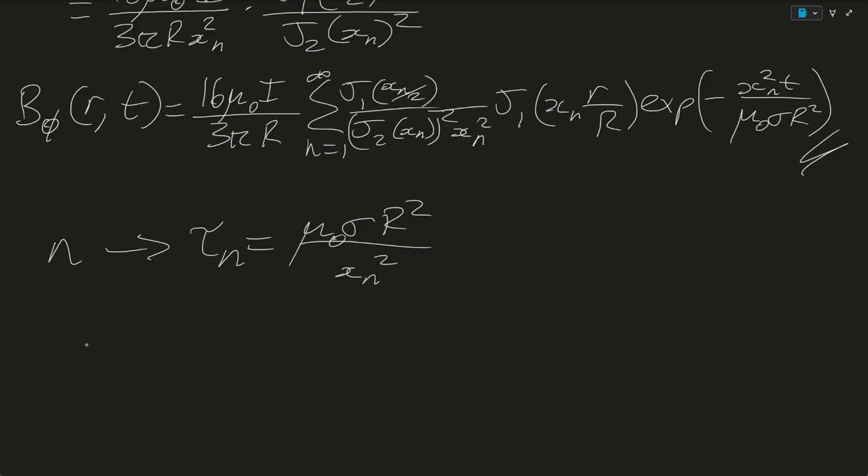And I showed that earlier when it was the t over tau. Now we know these roots increase, so the decay times decrease as n increases. So as n tends towards infinity, tau n gets smaller.